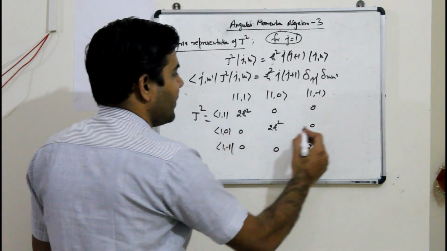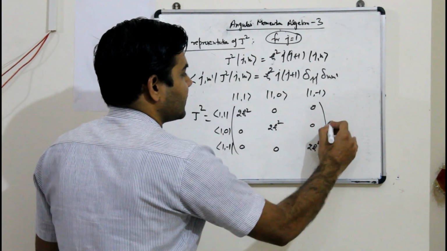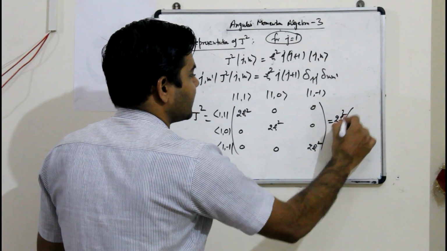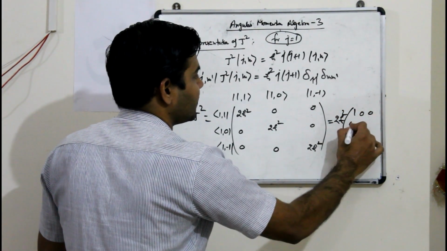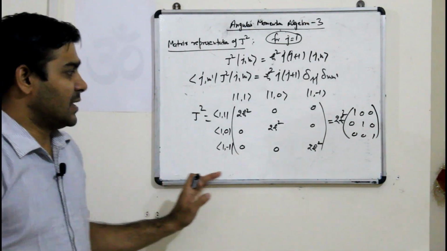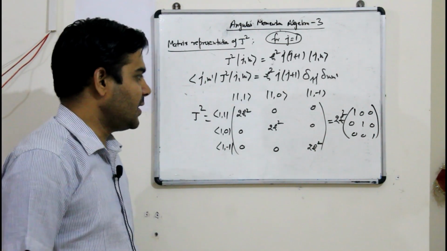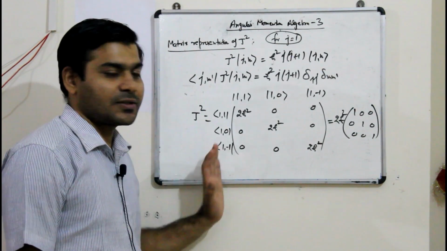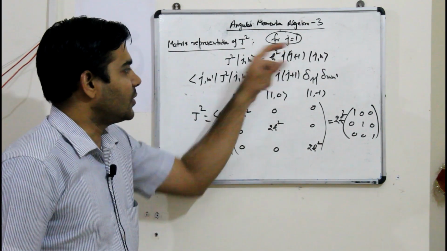So, this is the matrix of j square, which can be written as 2ħ² taken out, times the matrix 1, 0, 0; 0, 1, 0; 0, 0, 1. So, this is a diagonal matrix, 2ħ² times the identity of 3 cross 3. This is how the matrix of j square looks for small j equal to 1.